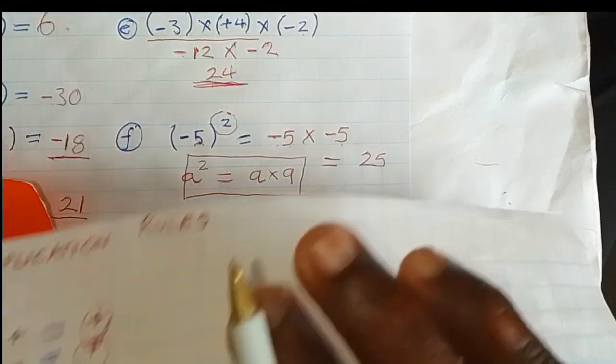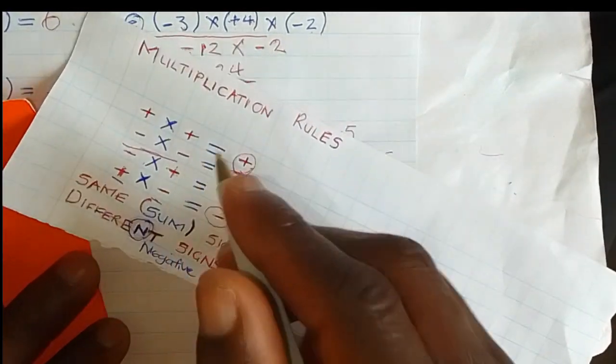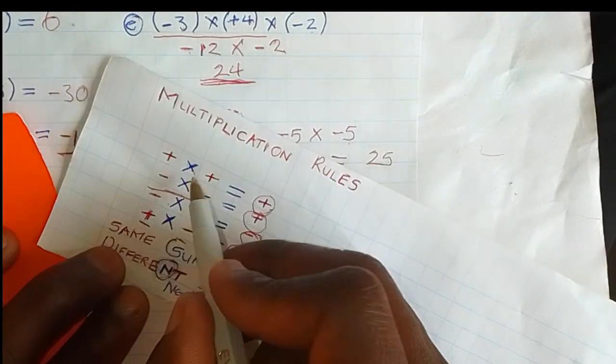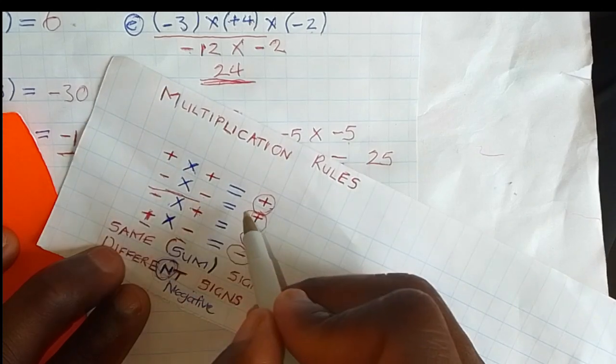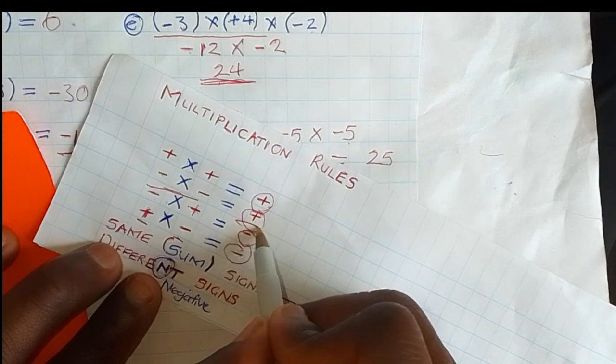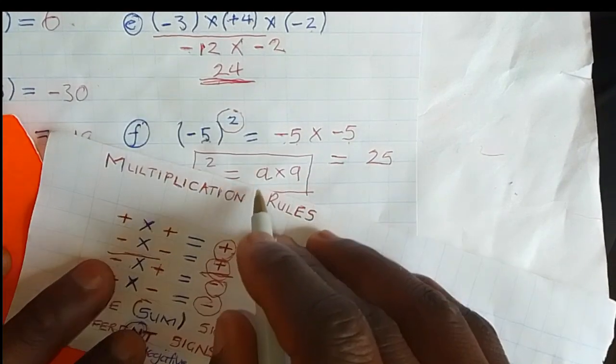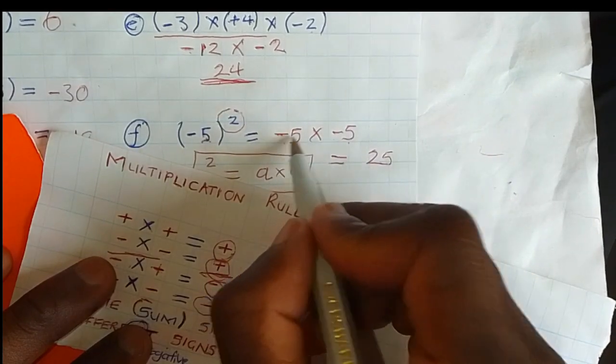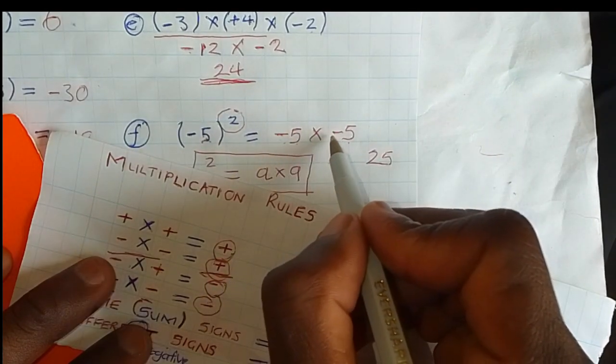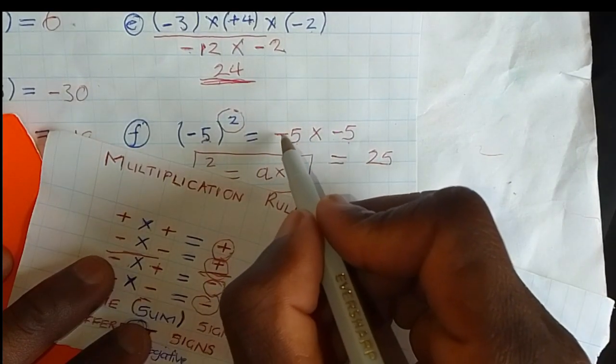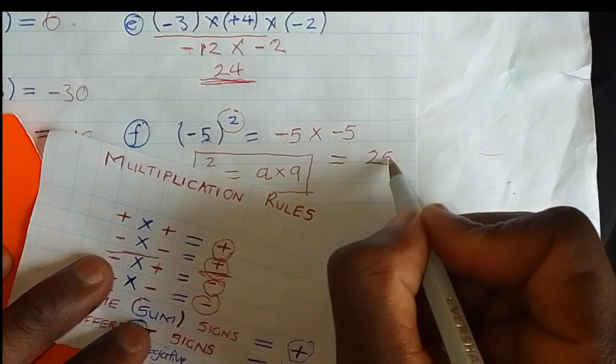Let's look at the rule here. The rule is here, negative multiplied by negative. The final result will be positive. Also, same signs, same sum. So this is positive. Don't forget the trick. It will help you. So the final answer is 25.